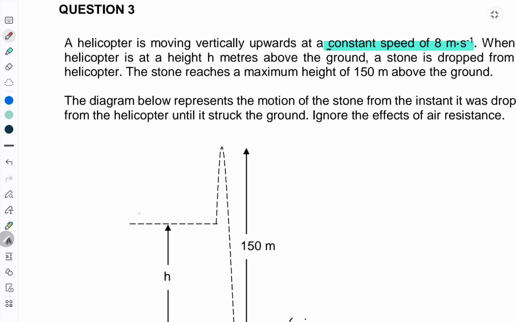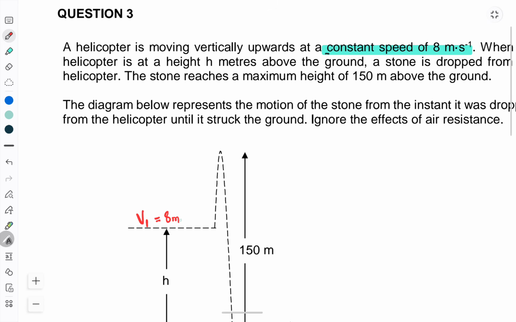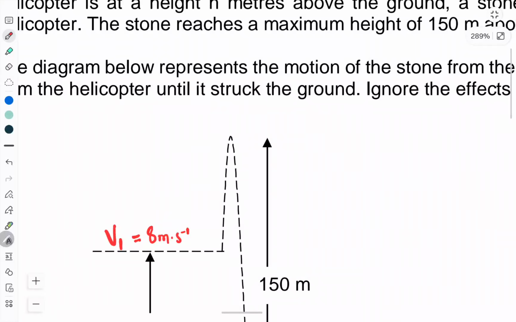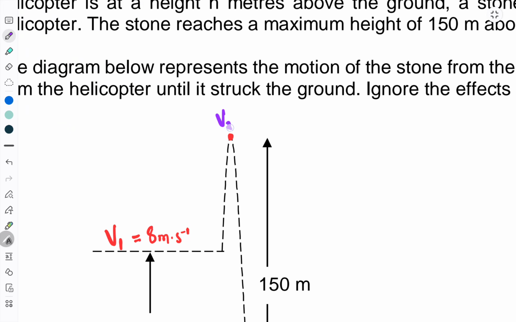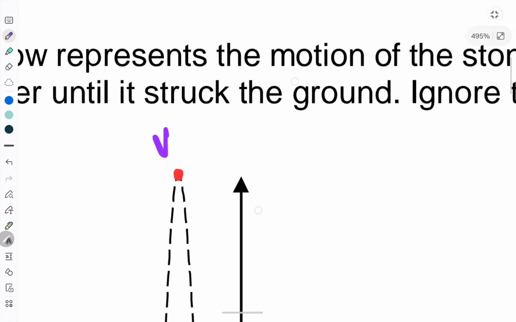It means here our V, let's call it V1, will be for the stone 8 meters per second. Okay, then the stone moves and reaches a maximum point where it now has to turn back. That's V2. Let's call this V2. We are naming it so that we can distinguish.